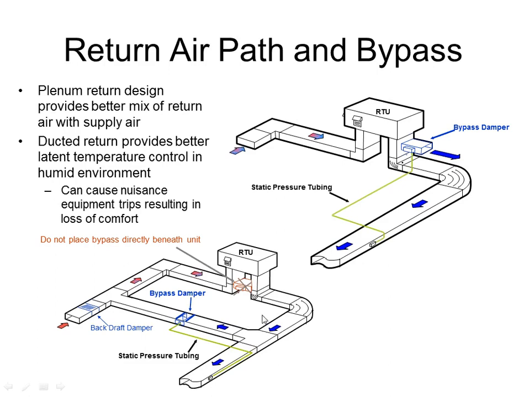One thing that is very important with these bypass dampers is not locating the bypass damper directly below the rooftop in between the supply and return. This is critical because you will definitely run into short circuiting where you are cycling 120 degree air back into the rooftop. It's not mixing properly with the return, and that's getting sent to your heat exchanger and just getting heated up even more.